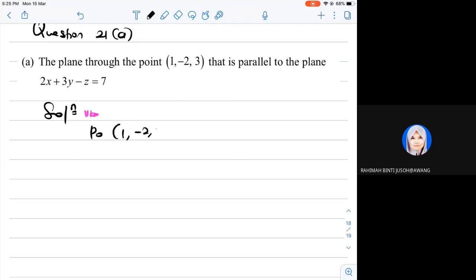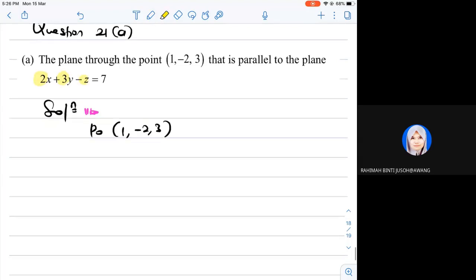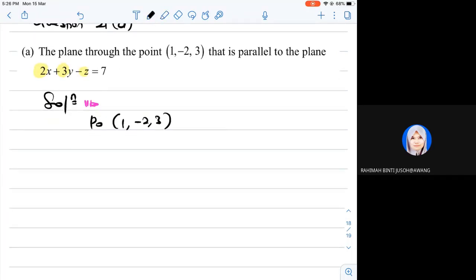1, negative 2, 3. That is parallel to the plane. So automatically bila plane tu parallel terhadap plane yang kedua ni, bermaksud normal vector untuk the first plane adalah sama dengan normal vector plane yang kedua ni lah. Okay, so in this case we can take the normal vector as 2, 3, negative 1. Macam tu.